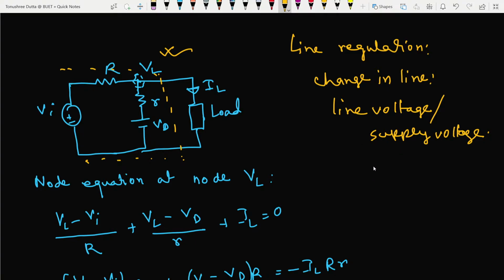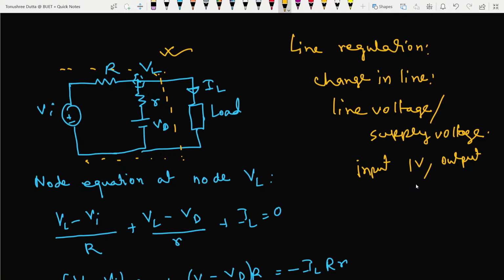Does it remain the same, or how does it change with respect to the change in the input voltage? So if I change the input voltage by a certain amount, I am trying to see if my output voltage is changing. If it is changing, then at which rate? Say I change the input by 1 volt, then how much is my output changing?